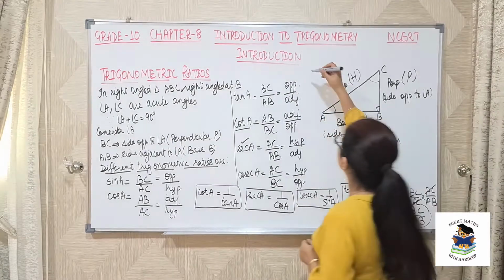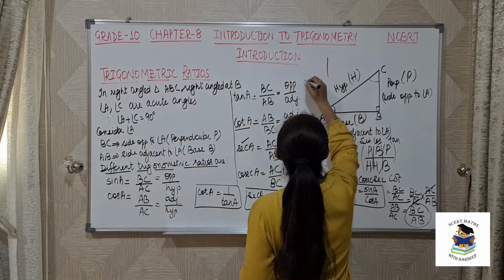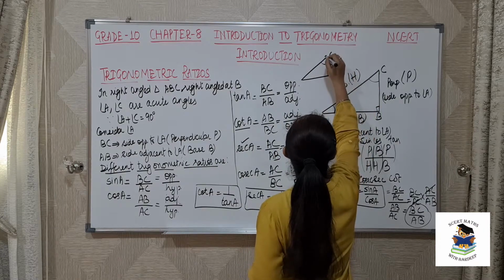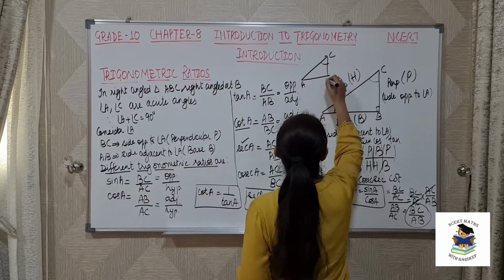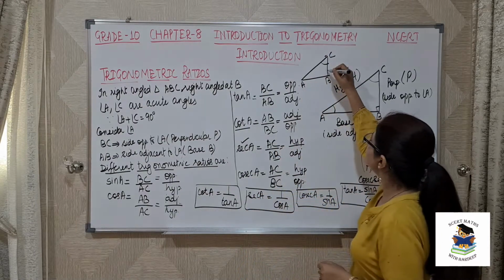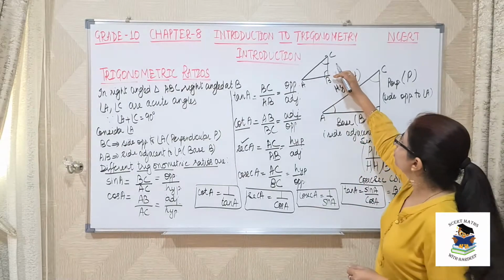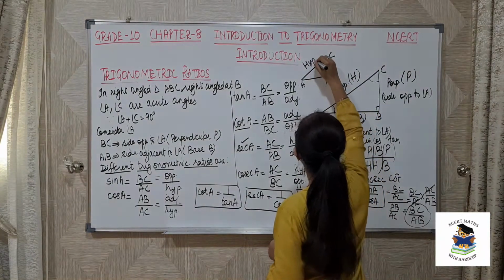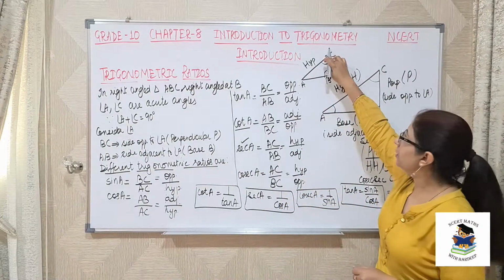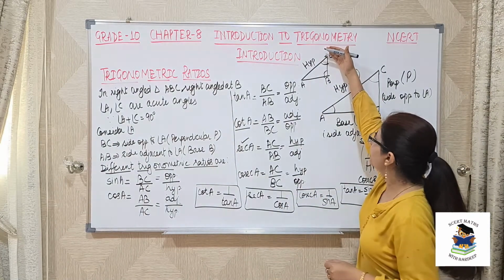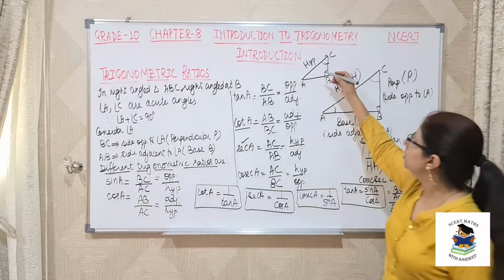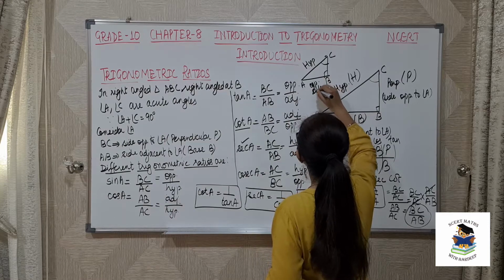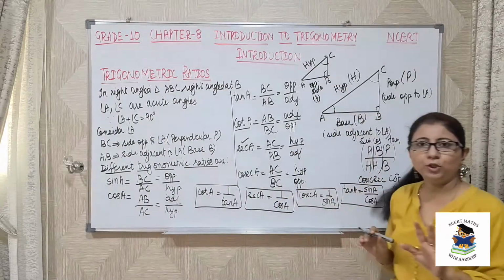So let me explain again. That is what I am saying, that if I am taking this angle, so this is C, this is A and this is B. If we are considering this angle, the side opposite to angle B will always be hypotenuse. Now this angle is under consideration, so the side opposite to angle C is your opposite side, or perpendicular.